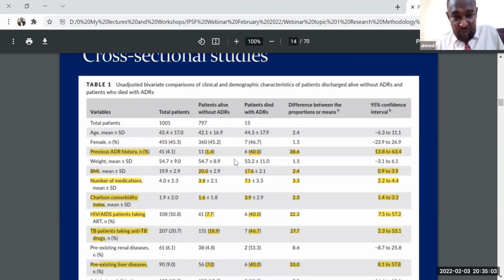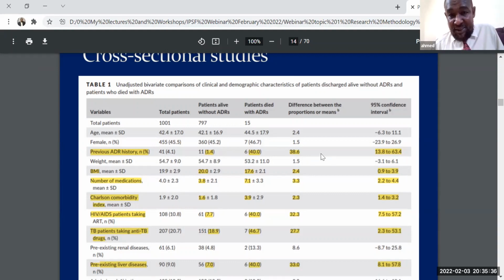Then they compare. The previous adverse drug reaction history represents 40% among patients who died, as only 6 have this characteristic out of 15, while among patients alive without this reaction it represents only 1.4%, because they are 11 out of 797.